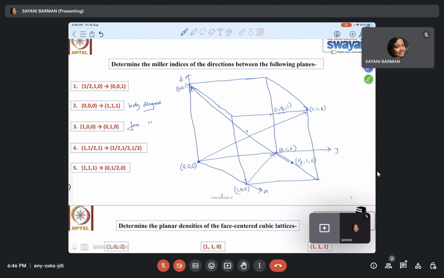Let's say this is the body center. So from here to here it is. Now, okay, I'll just write. This is 1, this is 2, this is 3, and this is 4.